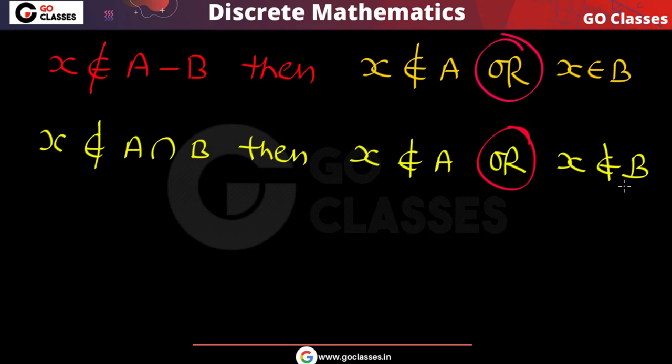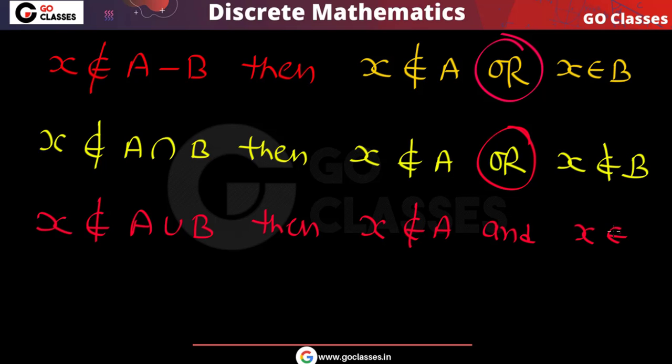Similarly, if x does not belong to A union B, then we can say that x does not belong to A and x does not belong to B. Because if x is not in the union, it means x is not in A, and also x is not in B.